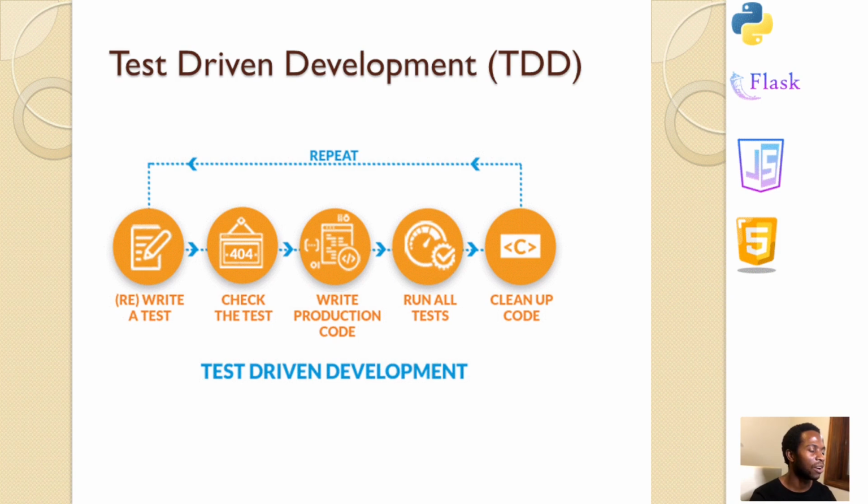this diagram, in test-driven development, we start by writing the test, then we check the test, and we go on to write the production code, then run all the tests, and lastly, we clean up the code. This is a cycle process, okay?